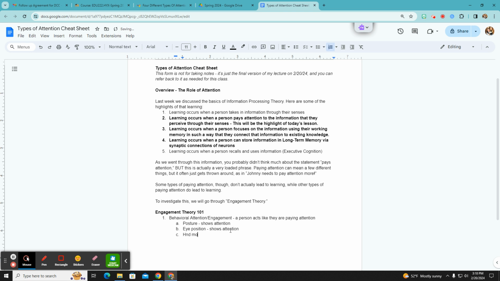Hand movement for notes shows attention, right? In other words, a person's body looks like they're paying attention. It essentially is the look of paying attention.